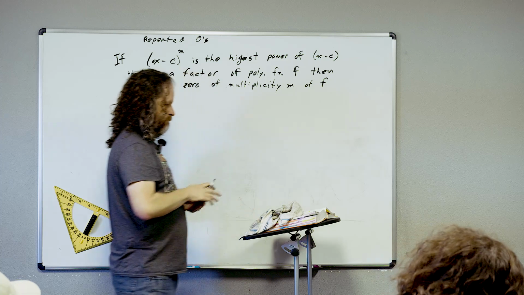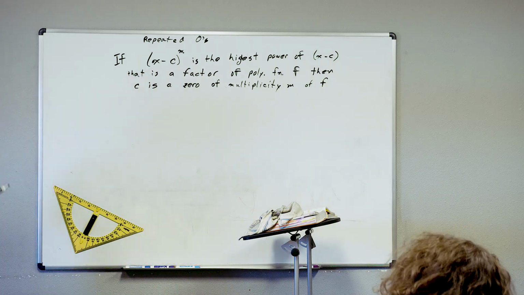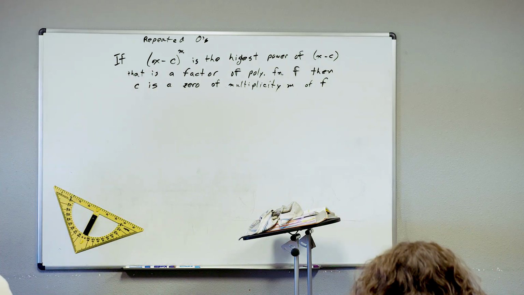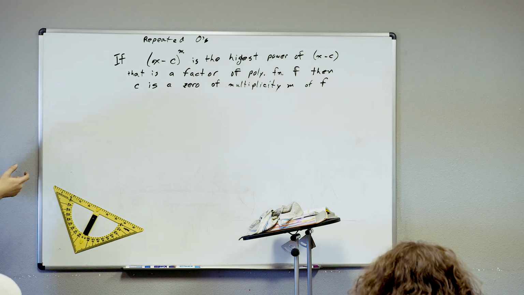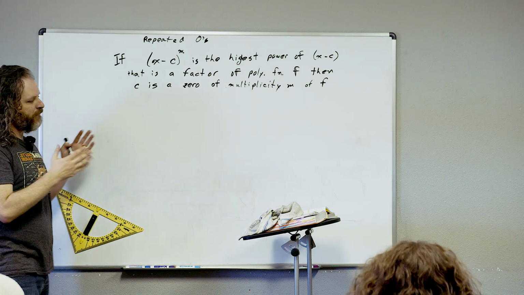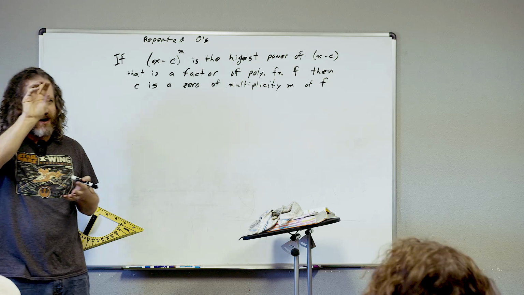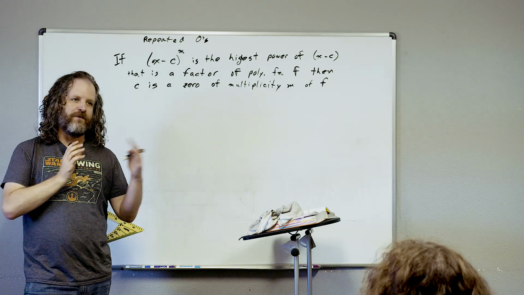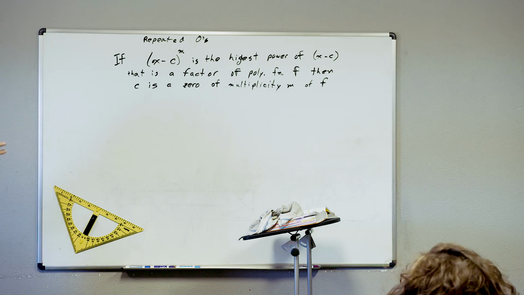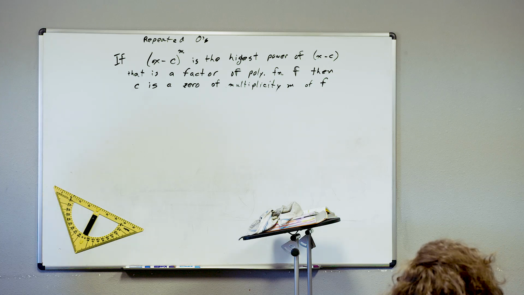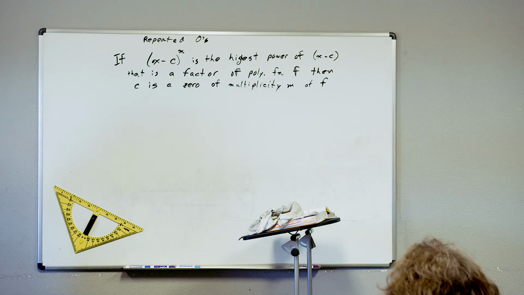Right? So that's definitional, and we're going to write some things that are true when we have certain multiplicities of a zero. If we have a factor and it's repeated, then it's a squared term or a cubed term if there are 3 of them, or if there are 4 of the same factor, then it'd be multiplicity 4 or whatever else. This is simply definitional, right? Makes sense so far? Easy peasy?